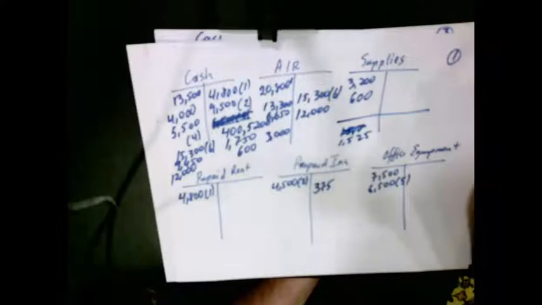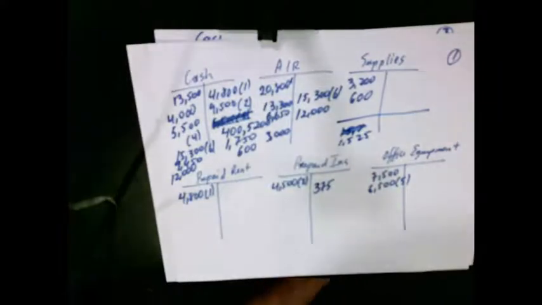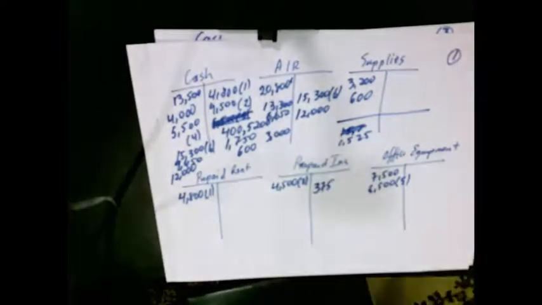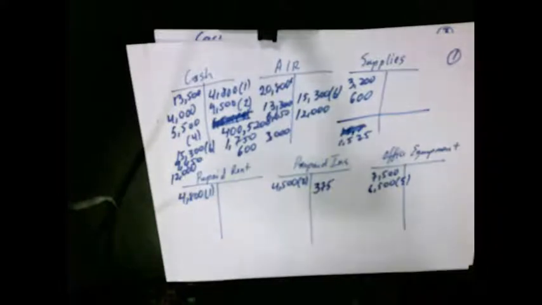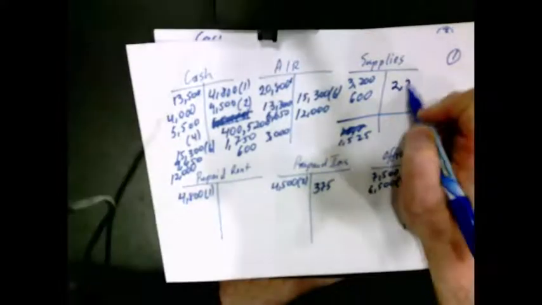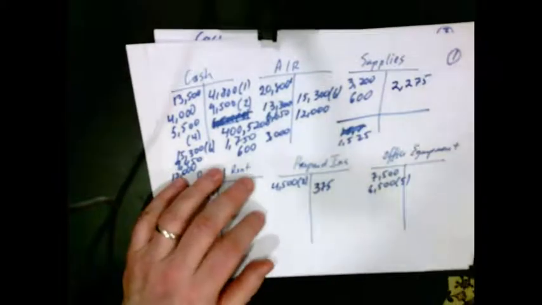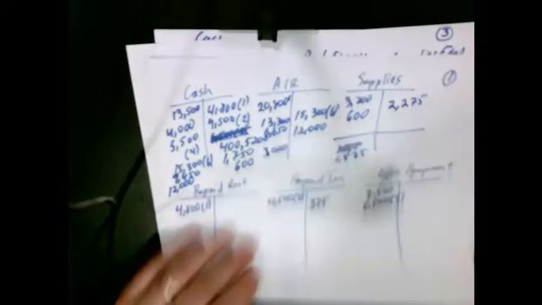So 3,800 minus 1,525 is going to be $2,275. So that's a credit. We need to debit, and the debit will be to supplies expense.